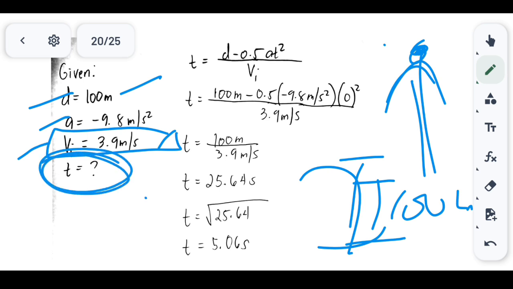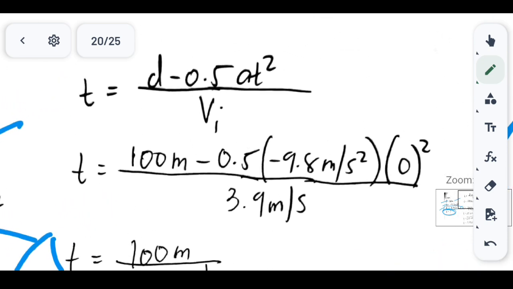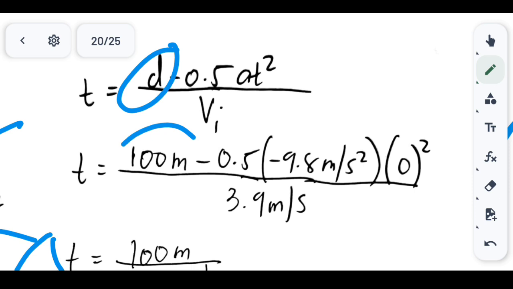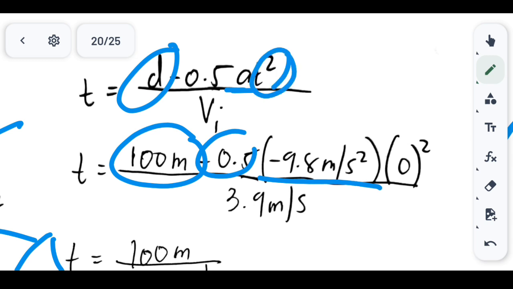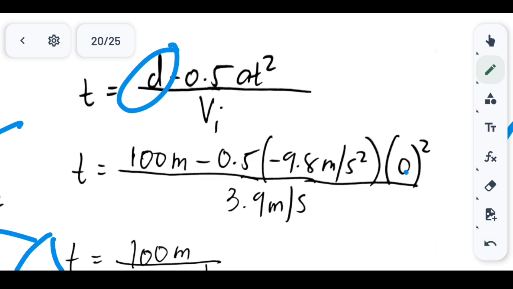Now, to solve for this one, you just need to substitute the values in the derived equation. T equals, the value of D is 100 meters minus 0.5. The value of A is negative 9.8 meters per second squared. And the value of T is 0. So, every number multiplied to 0 is 0. Any number multiplied to 0 is 0.